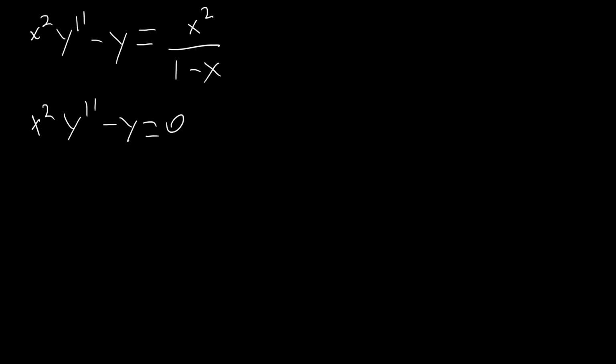Now this is what's known as a Cauchy-Euler differential equation, and that's in general a differential equation of the form x to the n, y to the n, plus a x to the n minus 1, y to the n minus 1, plus b, and so on and so forth, equals 0.